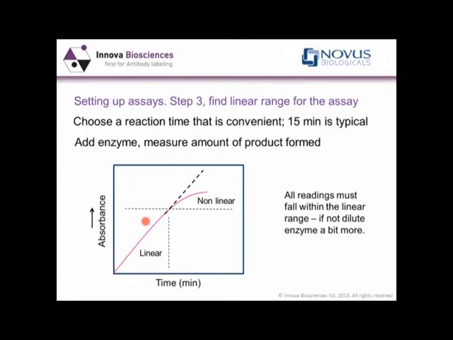You would have a linear region and then it deviates out here. So when you're measuring samples, all the readings must fall within this linear range. So for example, if you stop your assay at this point, you would measure this signal, but in reality you should have measured something a little bit higher. So it's important to work in the linear range.